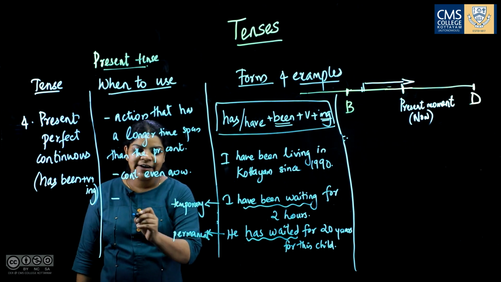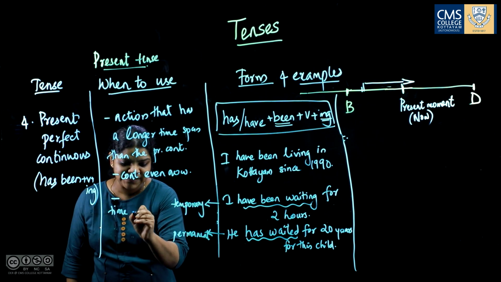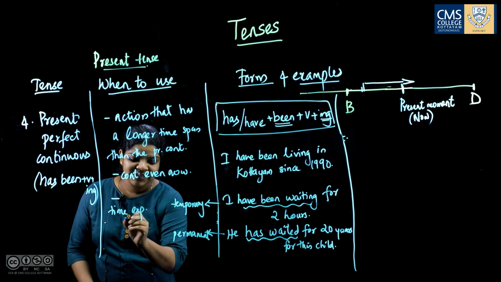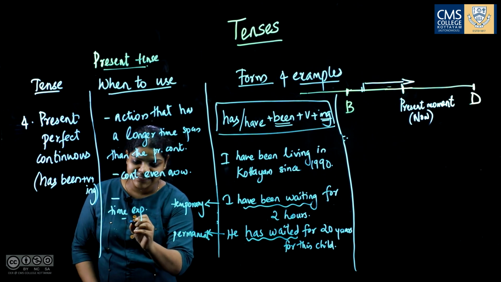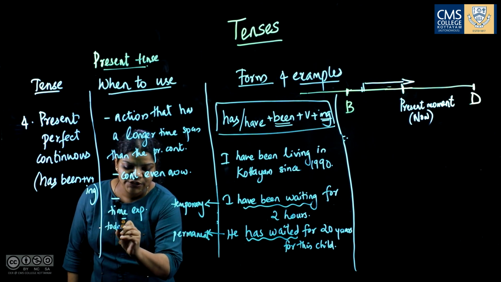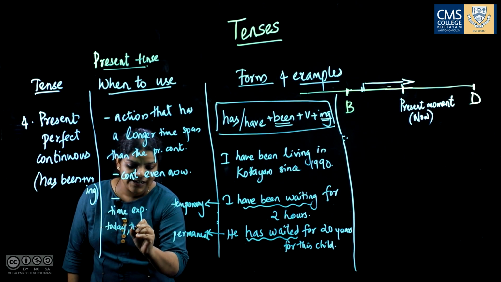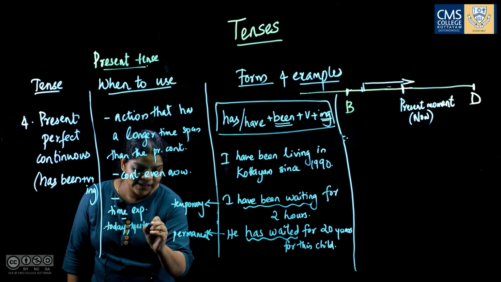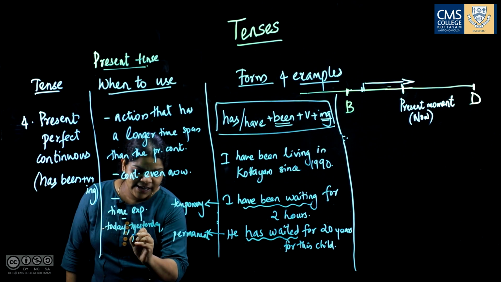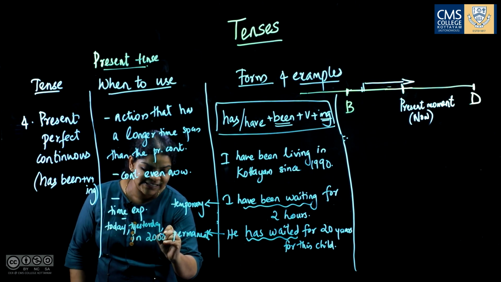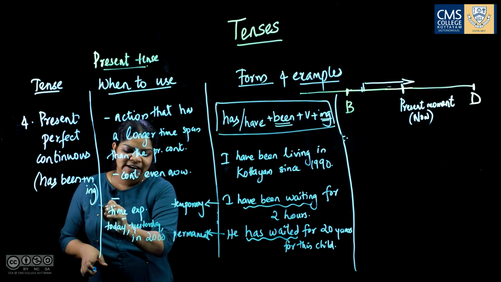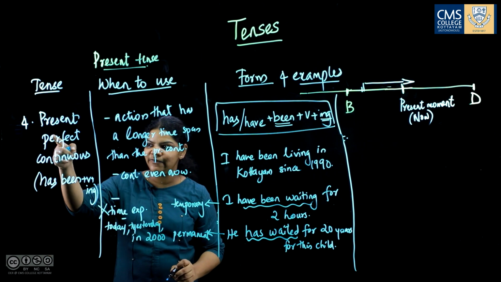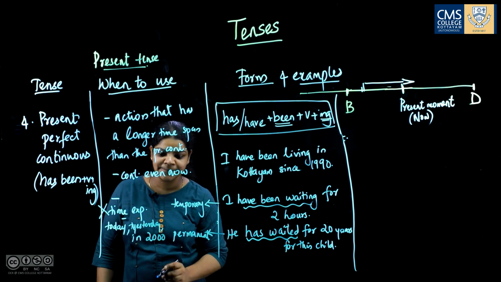Now remember never to use the time expressions which show a completeness. Like we never use today or yesterday or in 2000, specific time period like this. We never use such time expressions when we use present perfect continuous tense.